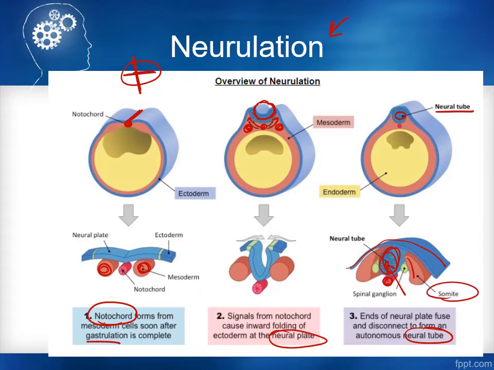So these are going to be somites on the side of the neural tube, which is going to become the spinal cord and brain. These somites, which are mesoderm, are actually going to develop into the vertebrae and tendons and ligaments and muscles that surround our spinal cord.